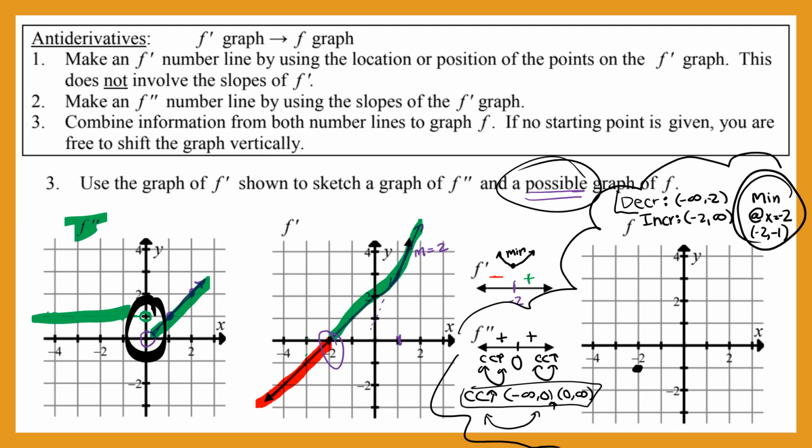Now I know on the left-hand side, I'm decreasing and concave up. So that might look something like this. And on the right-hand side, I'm increasing and still concave up. Okay. So I've hit all that information in there. I have my concavity correct. I have my decreasing, increasing intervals correct. So this is a possible graph of f.